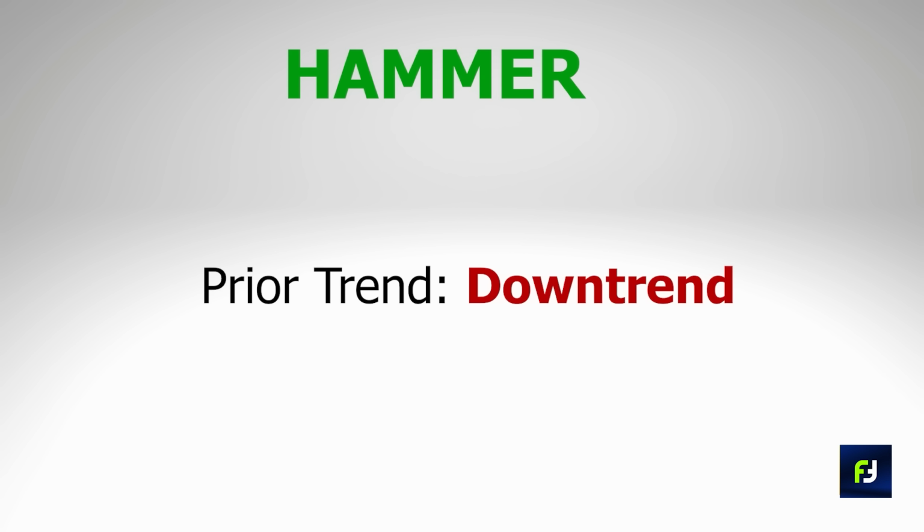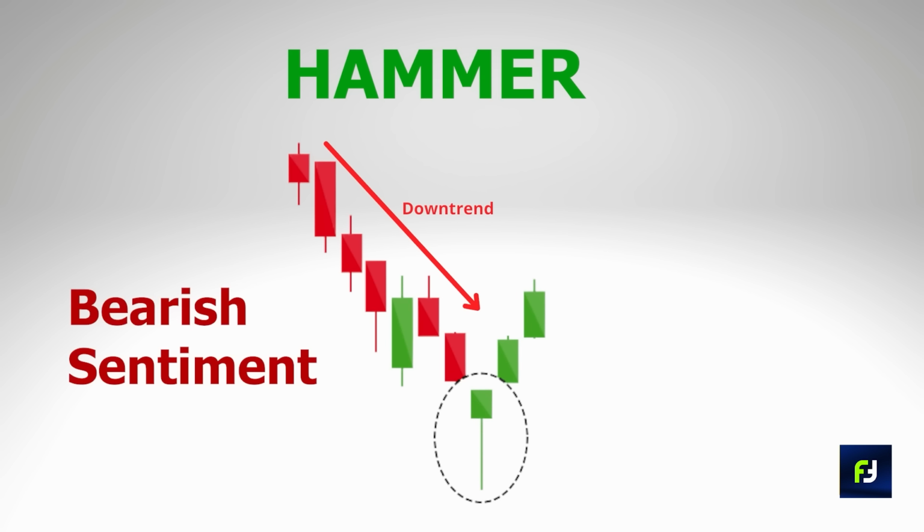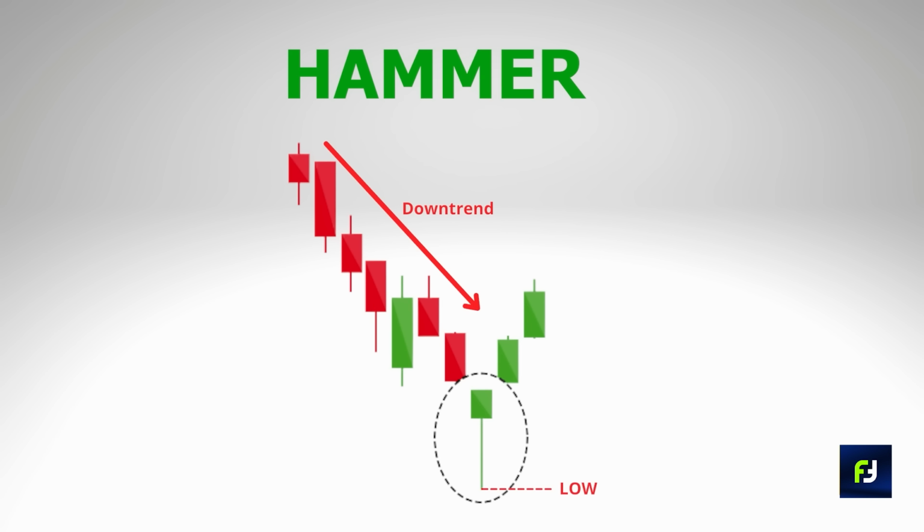We should visualize the hammer pattern in the following manner. The market is in a downtrend, so bears are in absolute control over the markets. When a hammer forms, the price goes even lower and forms a new low.